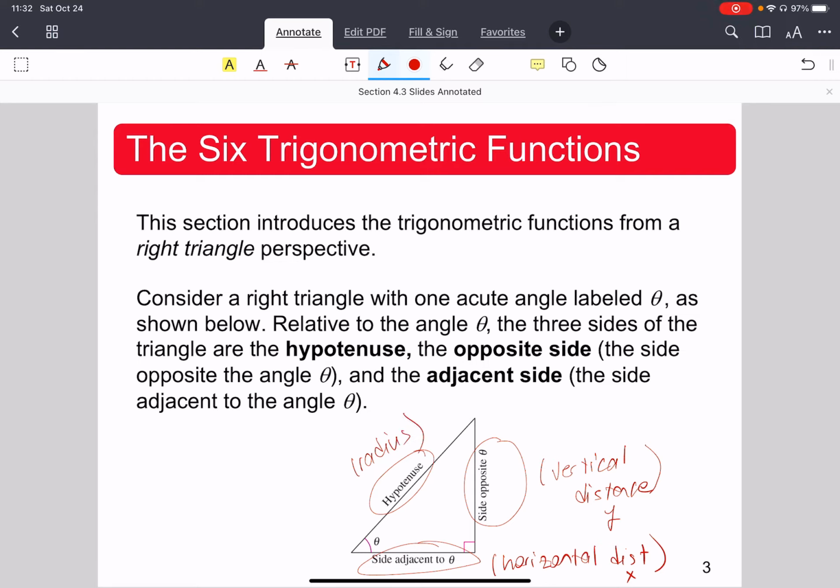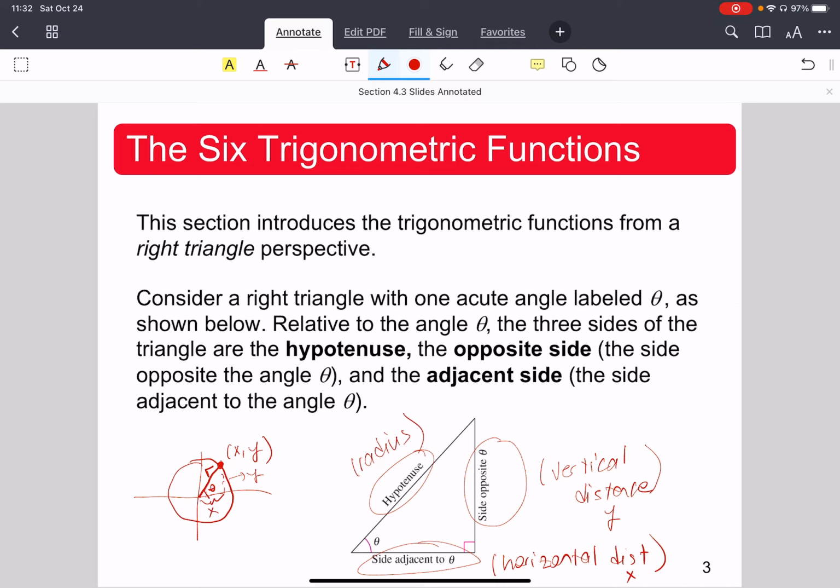On the unit circle, with a point x comma y, we had this distance to be r, this one to be y, the vertical distance, and this one to be x, the horizontal distance. And then I had my theta right here.